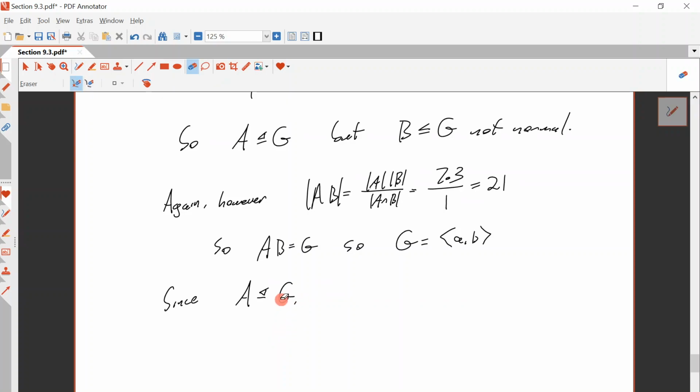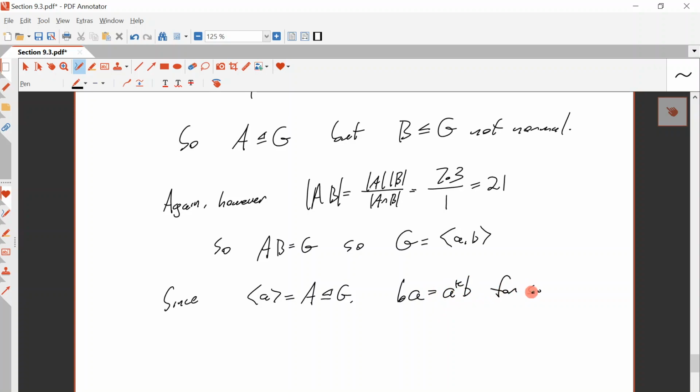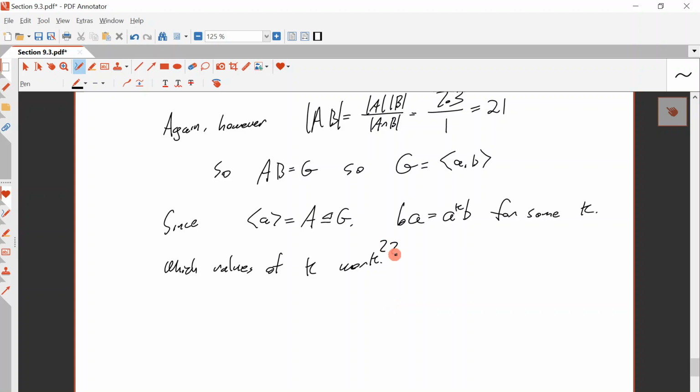Since A is generated by that little a, B times A is going to be equal to A to the K times B for some K. Which values of K work?